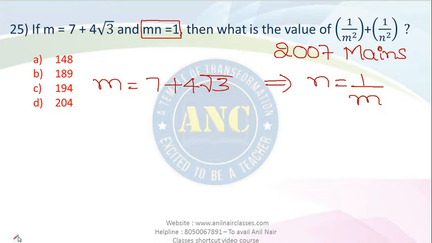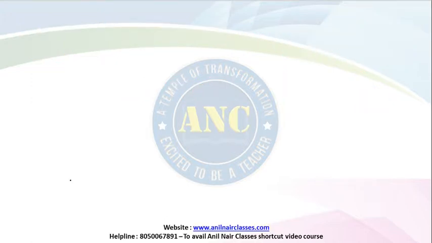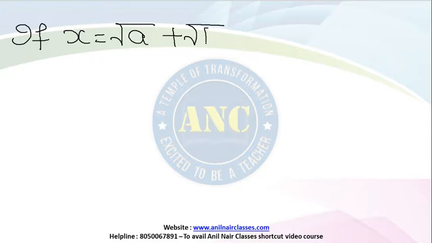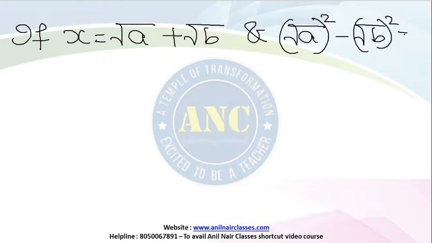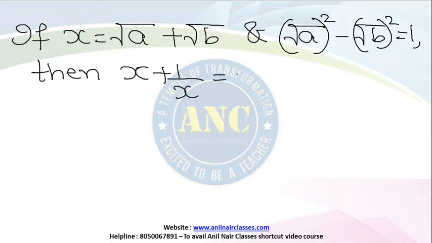Now think a little logically, sir. We have one beautiful condition, which I have discussed in my previous classes also. That condition says if x is nothing but root a plus root b, and there is another beautiful condition, square root of a square minus square root of b square is equal to 1, then I can directly say x plus 1 by x is 2 times root a, and x minus 1 by x is 2 times root b.